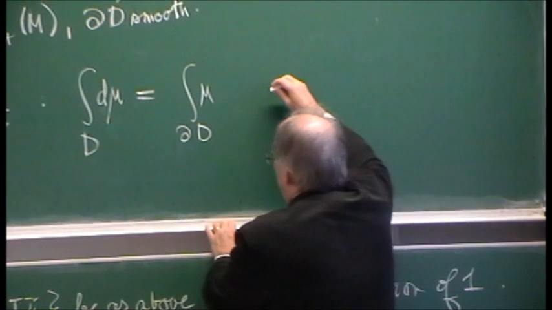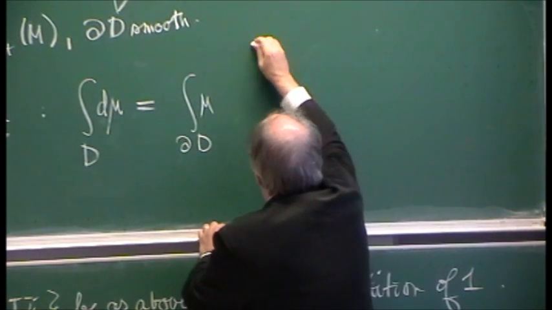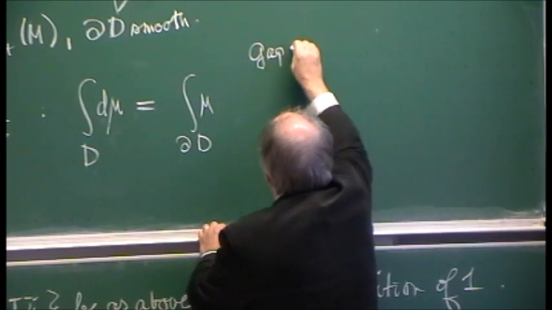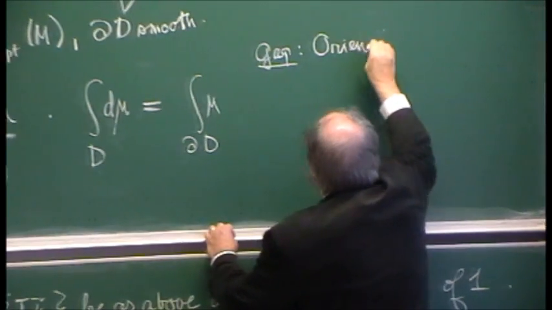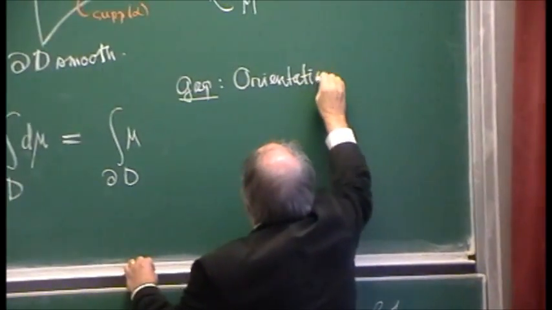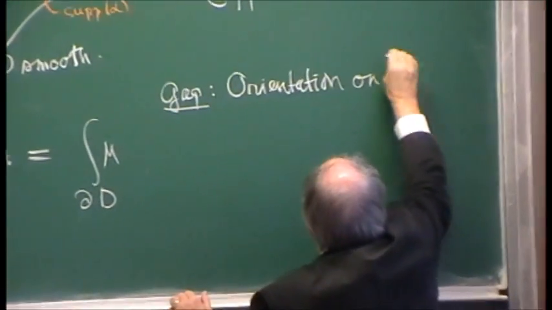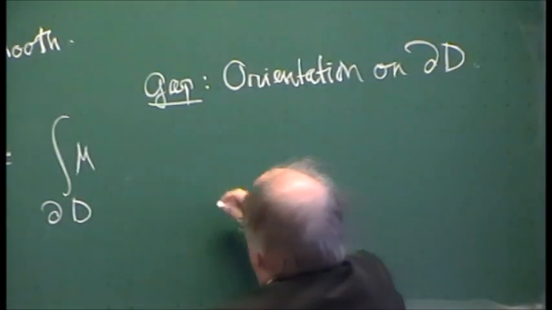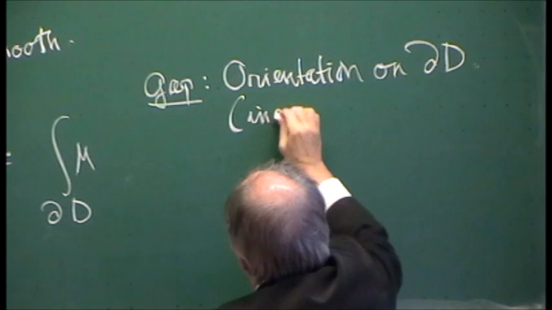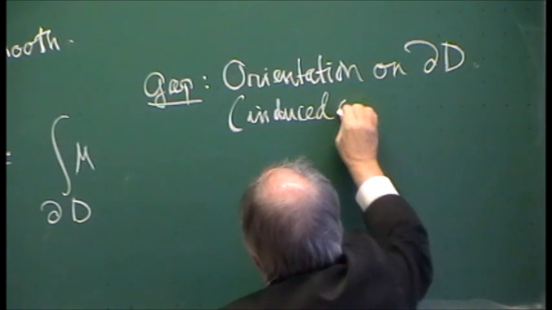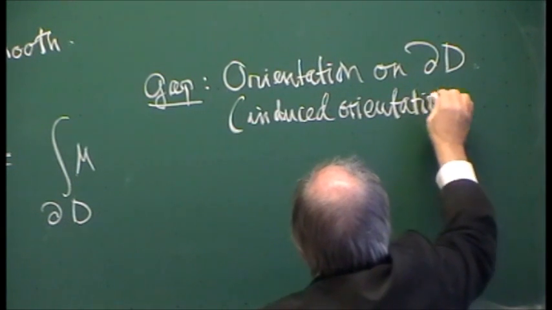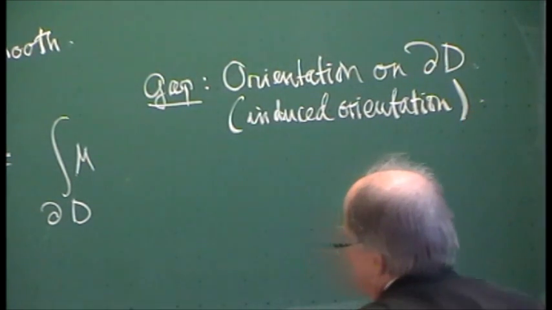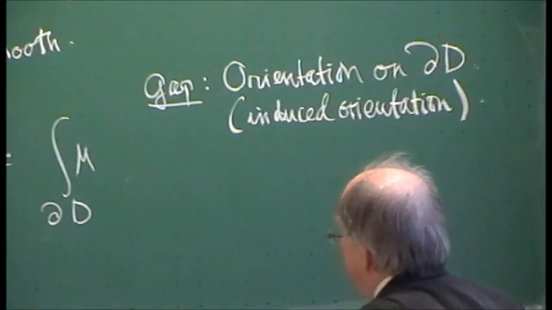So there is one gap that I need to discuss, and that's the orientation on the boundary. And this is called the induced orientation. I need to talk about that, otherwise I don't even have an integral.